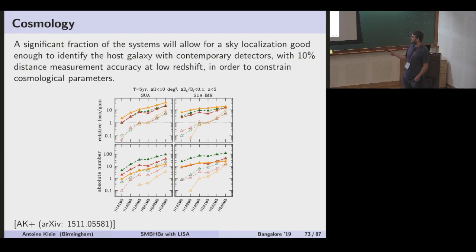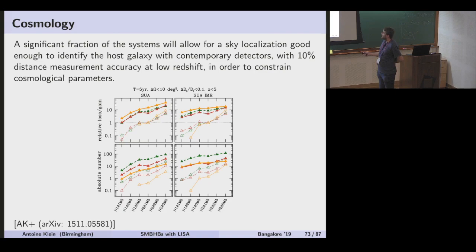And since we have the distance, and it's not too far away so that we can see the counterpart, this will allow us to measure cosmological parameters like Arun talked about yesterday.